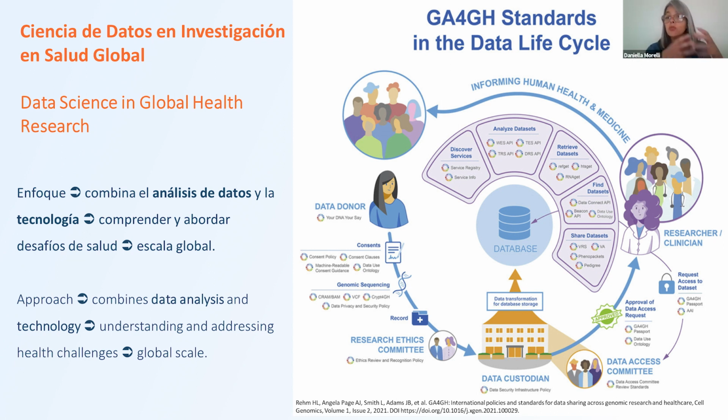We cannot forget that this data contains information about a person. And when we focus on that, it's easier to understand why we have to comply with so many steps in our work.